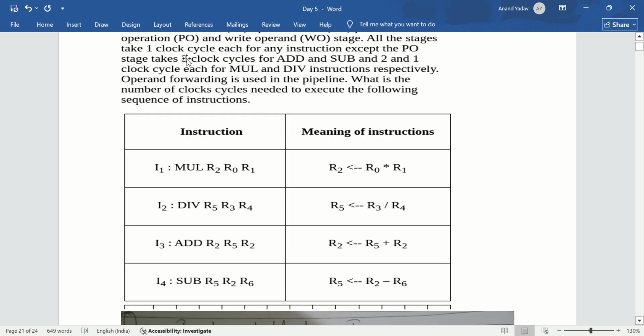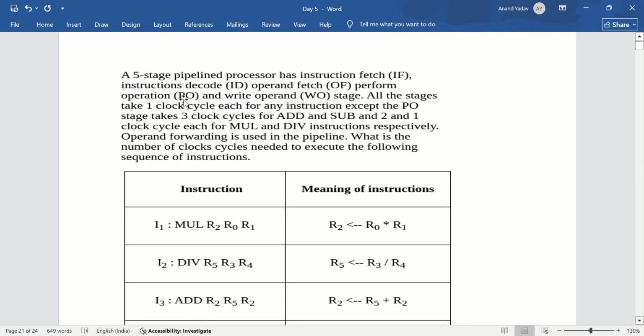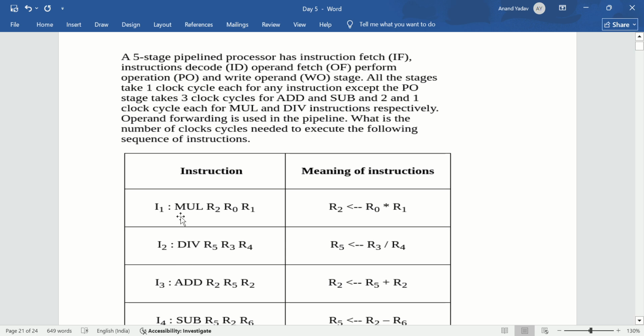It creates 2 stalls, and I1 also creates 1 stall because it takes 2 cycle time of PO stage, so I2 did not get the PO stage until release. When I1 is released, then I2 gets it after execution of I1.